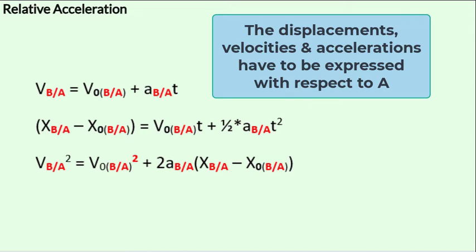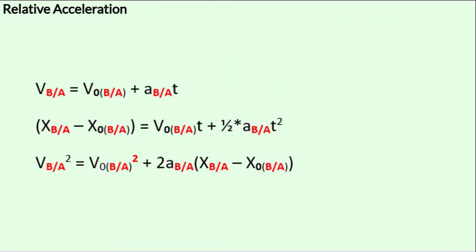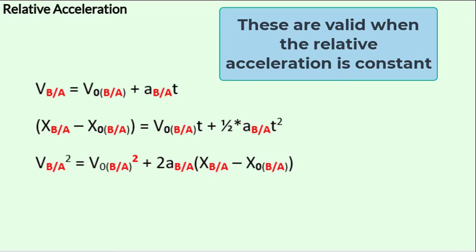So we see the subscripts as B with respect to A in red. To apply these, A assumes himself to be at rest, and that B has a displacement, a velocity, and an acceleration, and that is the basis of the computation. And just like the equations of motion from the ground frame of reference, these are valid when the relative acceleration of B with respect to A is constant.